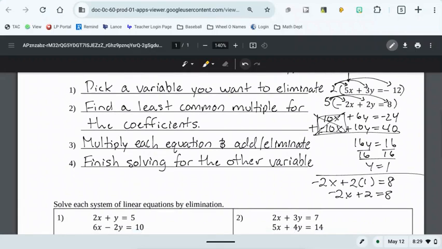We are going to subtract 2. I'm running out of room, so I'm going to go over to the left here. And we get -2x equals 6. Divided by -2, x equals -3. So our solution, or the lines will cross at the coordinate pair x equals -3, y equals 1.